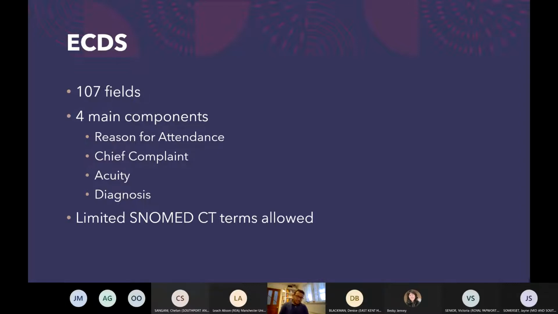And what they've done is they've trimmed it. I think there's thousands of different SNOMED CT terminologies, but for the emergency fields, they've limited it to 150 or so, so that they can get a decent level of data quality that you're going to see in the emergency world.